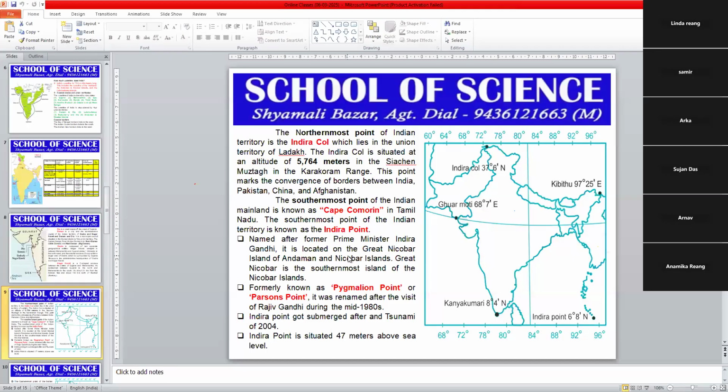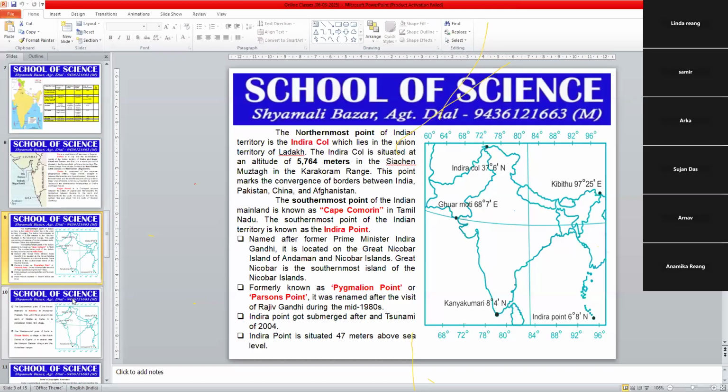Now, Indira Point got submerged after the tsunami of 2004. Indira Point is situated 47 meters above sea level. Now, next one. Now, you look here.